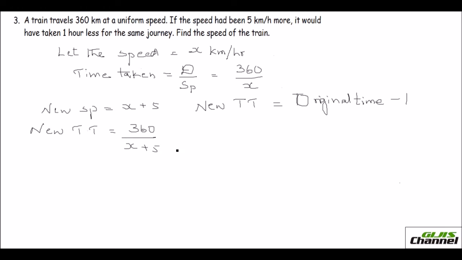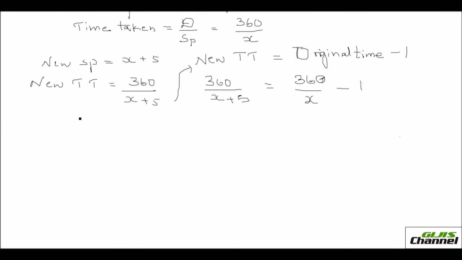Now equate this in this formula. The new time taken, 360 over x plus 5, will be equal to the original time, which was 360 over x, minus 1. So we got it. Let's solve for it.